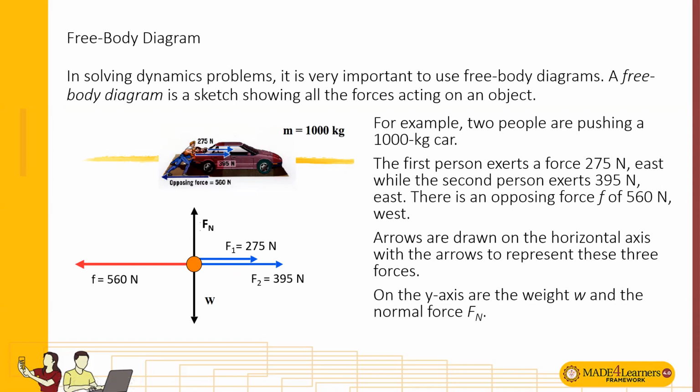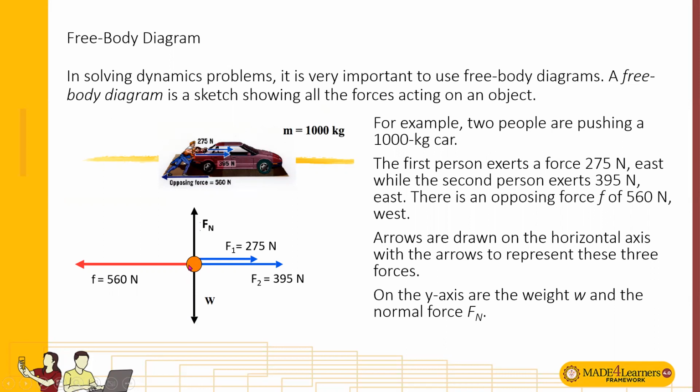So we have the weight and the normal force along the y-axis. If the object will not move along the y-axis, then there must be no net external force, meaning the object will remain at rest along the y-axis. So if both normal force and weight have the same magnitude but are in opposite directions, there is no net external force, so it will not move or accelerate along the y-axis.